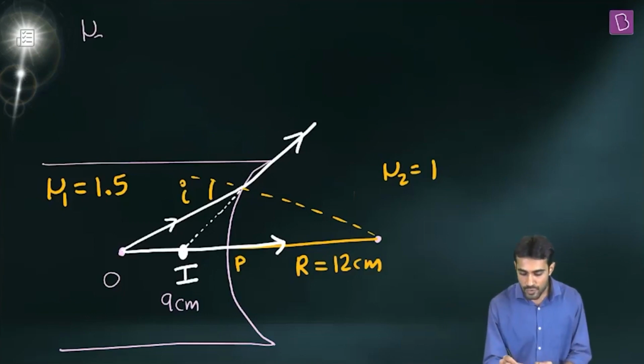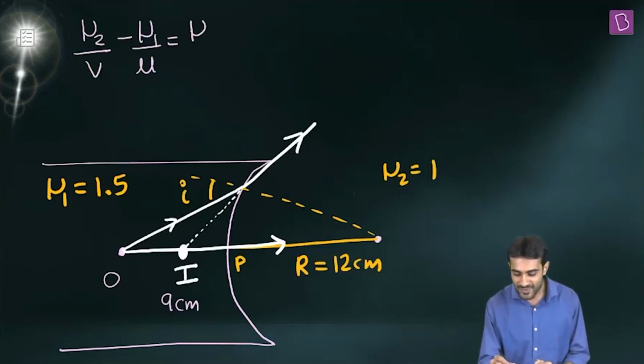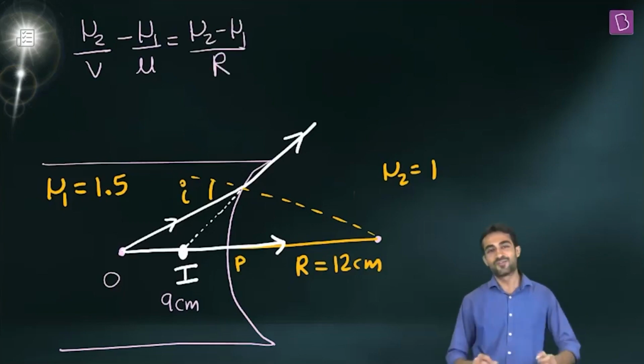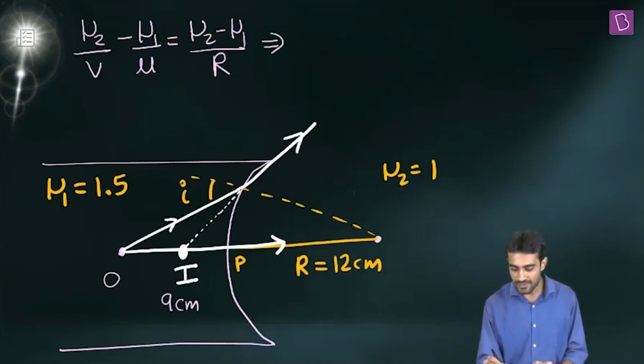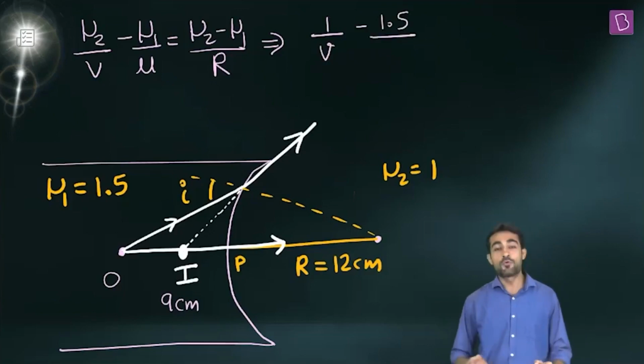It is mu2 divided by V minus mu1 divided by U is equal to mu2 minus mu1 divided by R. Very nice. This is the formula. Now let's put some values and get the answer. So mu2, what is the value? 1. What is V? We don't know. We have to find V. And we do know what is mu1. It is 1.5.